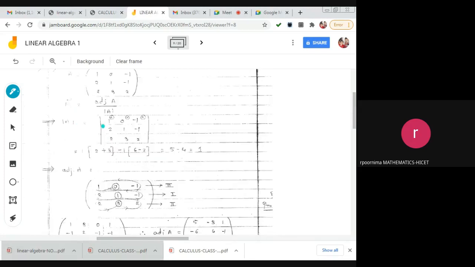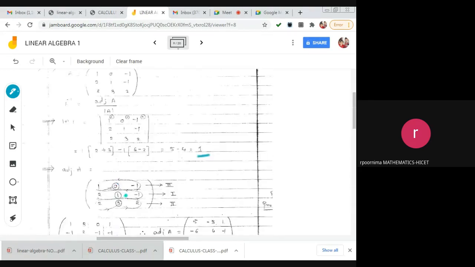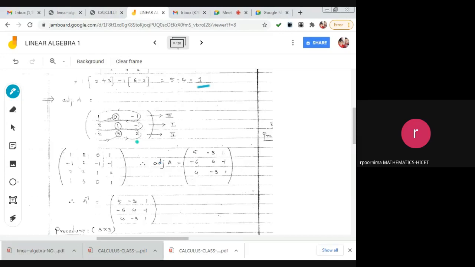Then determinant A is for a 3 by 3 matrix and it has 0 terms. You can directly apply the expansion, so you will get the answer 1. Then adjoint of A: 2, 1, minus 1, likewise you have to write.